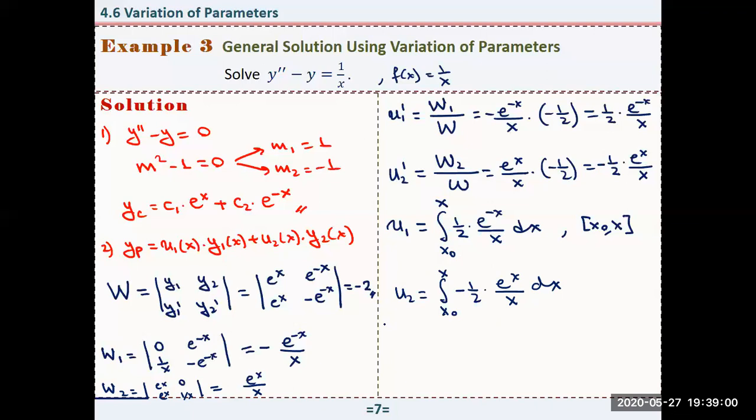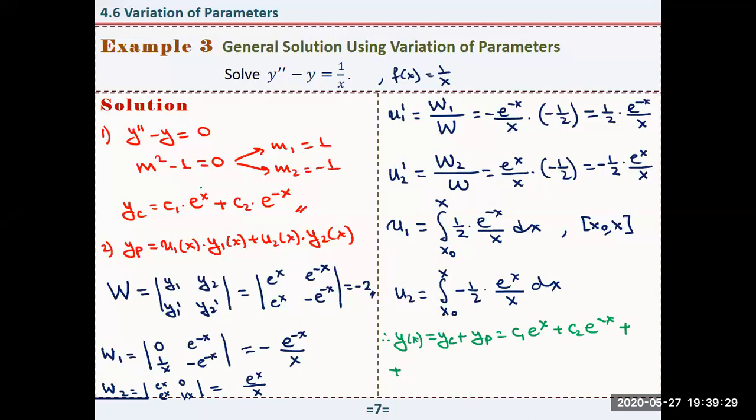So now we can write the general solution of the given equation, that would be y of x, which is y complementary solution plus y particular. The complementary solution is c sub 1 e to the power x plus c sub 2 e to the power minus x, plus now here we have y sub 1 times u sub 1.